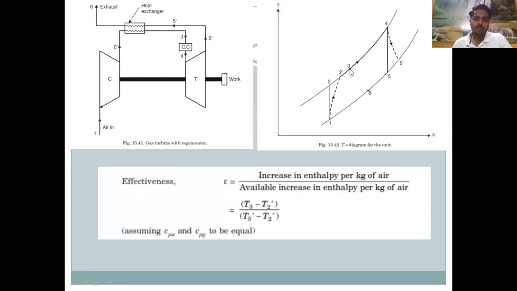Then up to 3 you are having the combustion chamber, then combustion of fuel up to 4, then 4 to 5 dash, and then 5 dash to 1, and 6 represents the exhaust temperature.